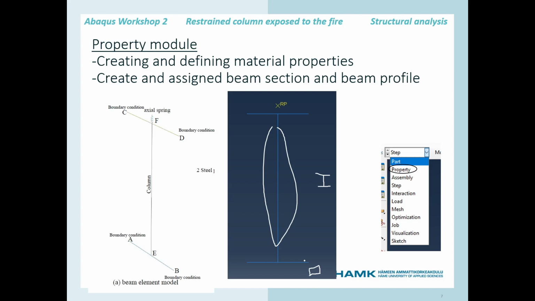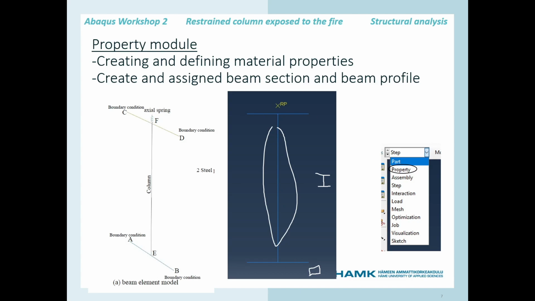So we first create the normal nonlinear material with elasticity, plasticity, expansion, and density, and then we create the linear material properties using Young's modulus, density, and the Poisson ratio for the upper plate and the lower plate.